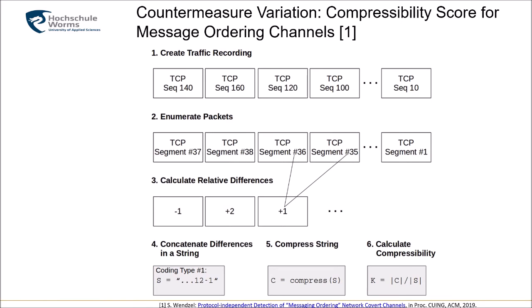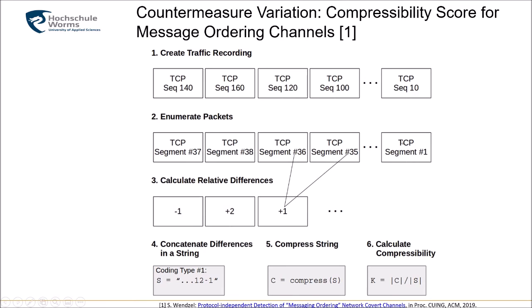So I developed the following approach. First, we need to record the traffic, for instance, capturing live traffic or using an existing traffic recording. And then we enumerate the packets. So we see that sequence number 10 comes first, then 100 and so forth.